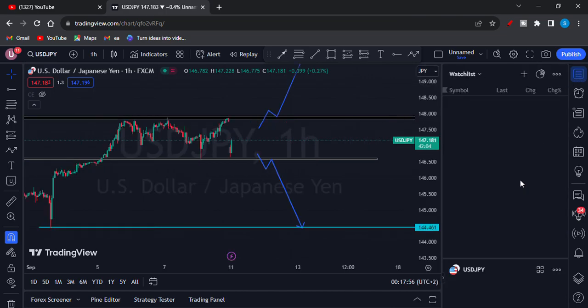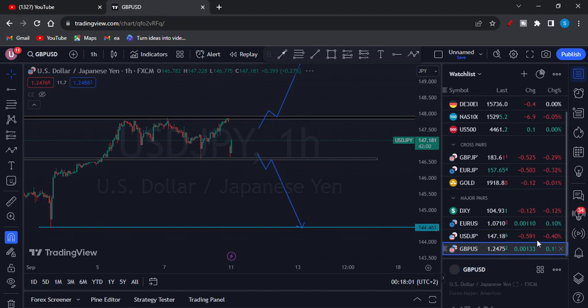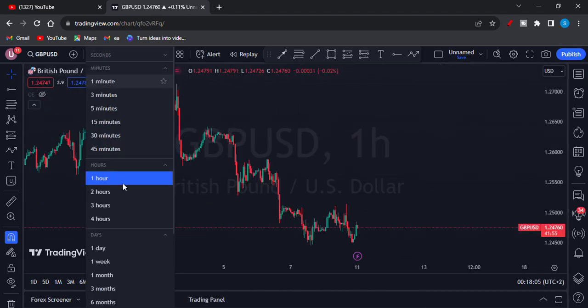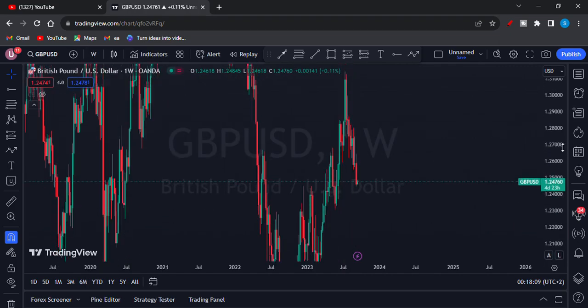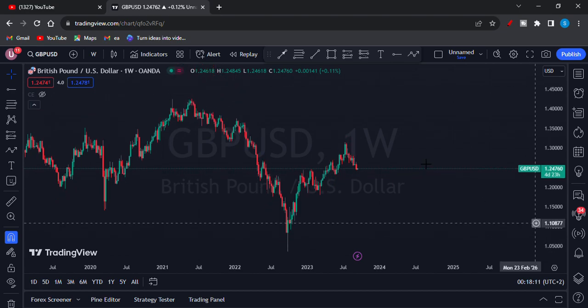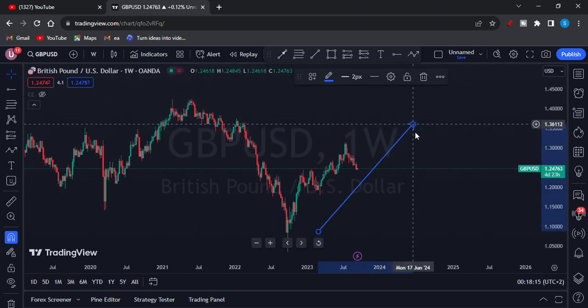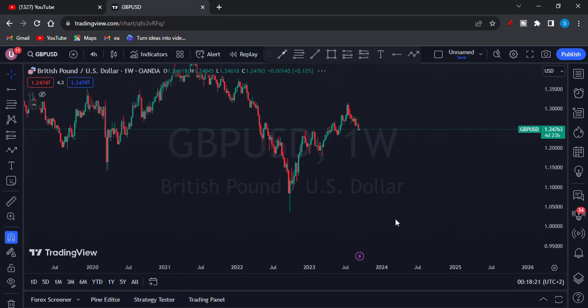And then let's go to the last pair, GBPUSD. And then on weekly, we are on an uptrend. And then let's go to our 4-hour.